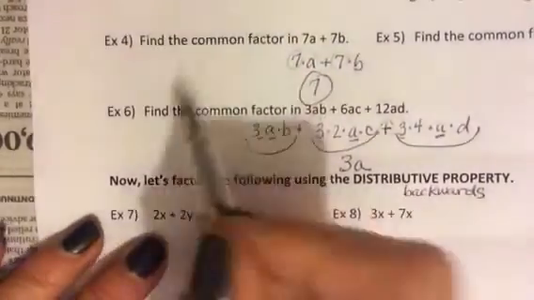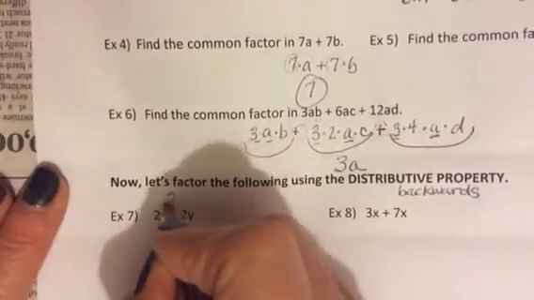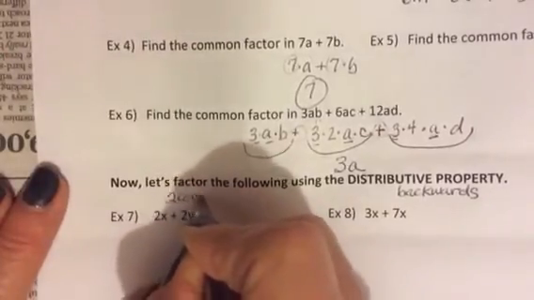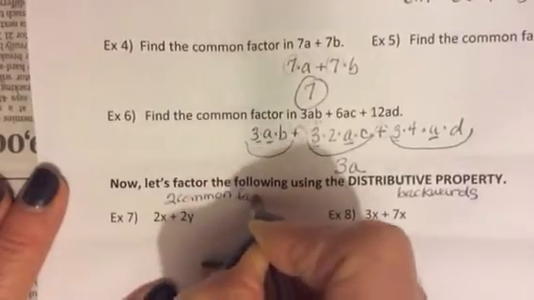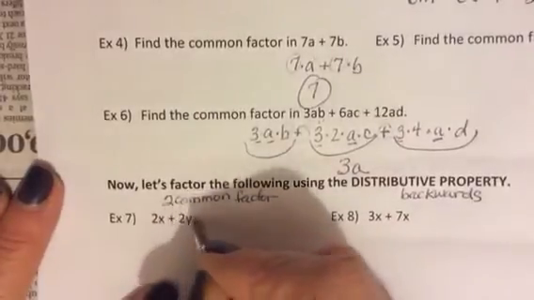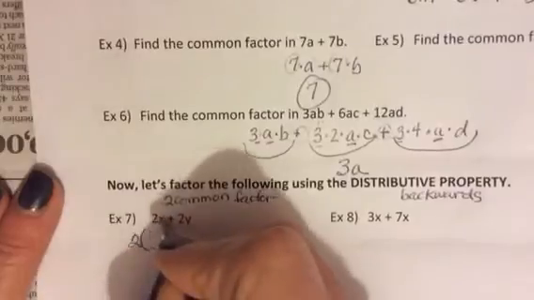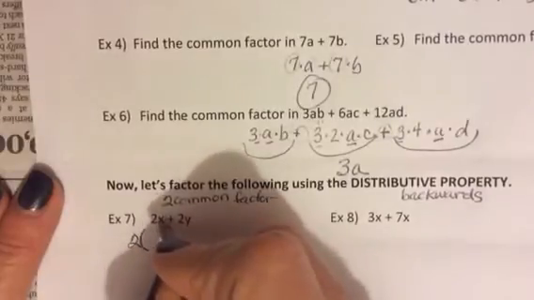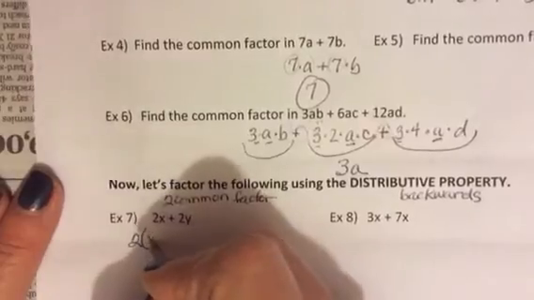All right, so here we've got a common factor of 2. So 2 is our common factor. So that is what was distributed in to the two terms, 2x and 2y. So we're going to divide the 2 out. And if we divide it out of this first term, 2x divided by 2, that's x.